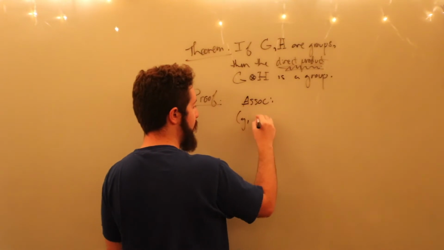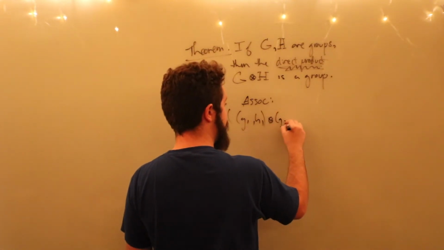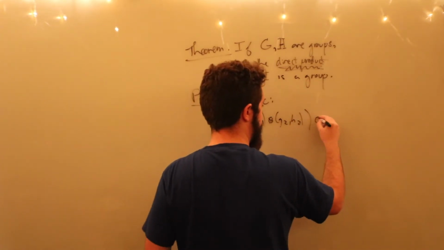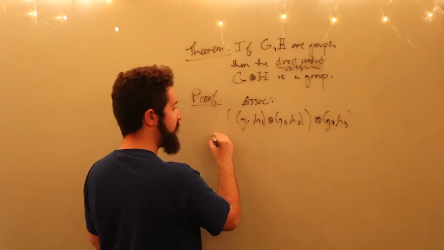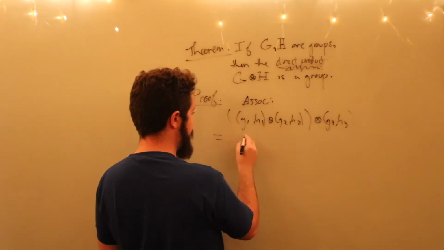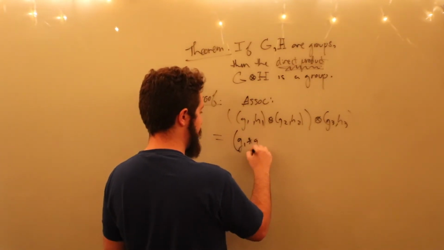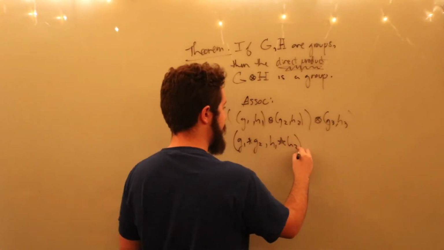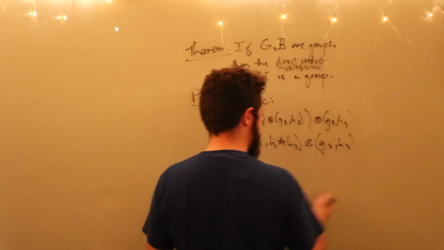So if we have (G1, H1) times (G2, H2), and then that's in parentheses, and this is times (G3, H3). This is going to be equal to none other than, we have to do this one first, so this is going to be (G1 star G2, H1 star H2) times (G3, H3).